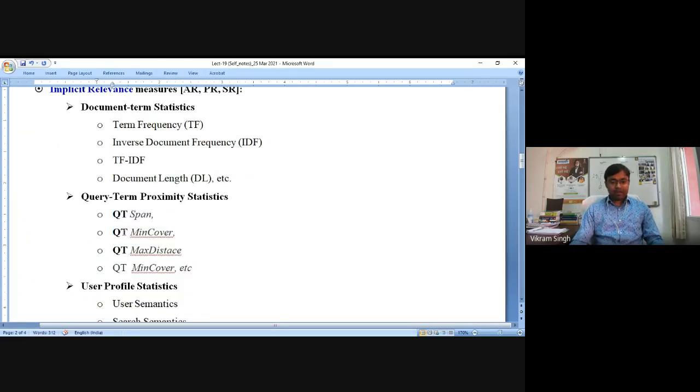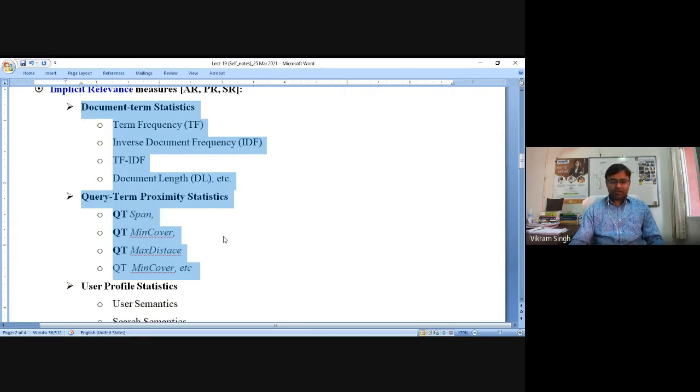The second measure we proposed is mean cover. We computed the values for all four measures, span, mean cover, max distance, mean cover, for a single user query, and arranged them to estimate the PR based relevance. We utilized these four sets of measures to estimate the implicit relevance.